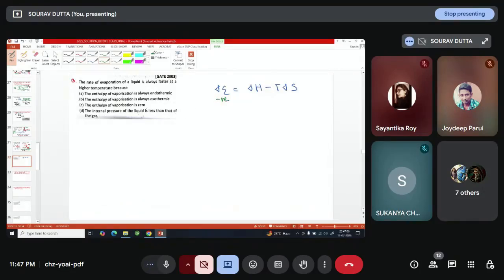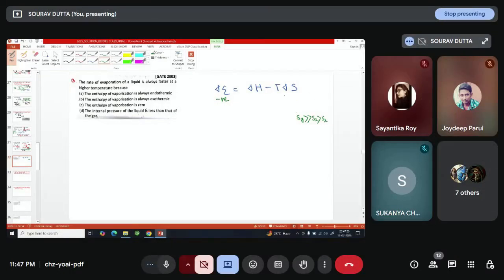Now rate of evaporation, that is liquid to vapor. We all know that in gas molecules entropy is higher. Entropy of gas is far greater than liquid, and greater than solid.